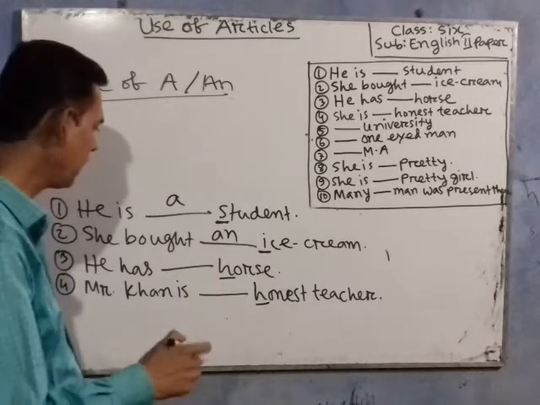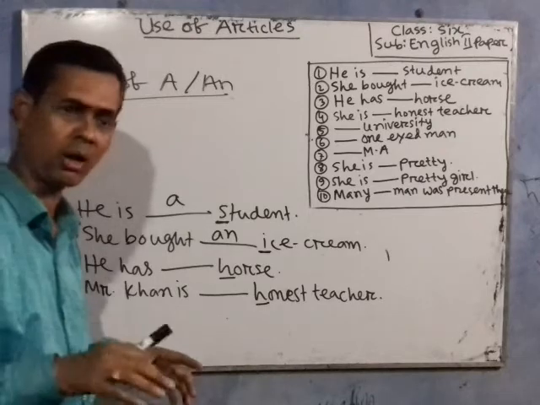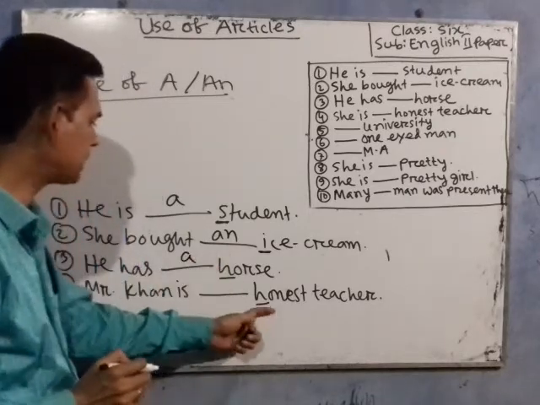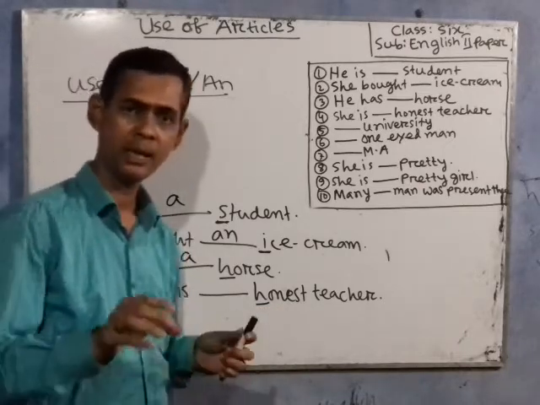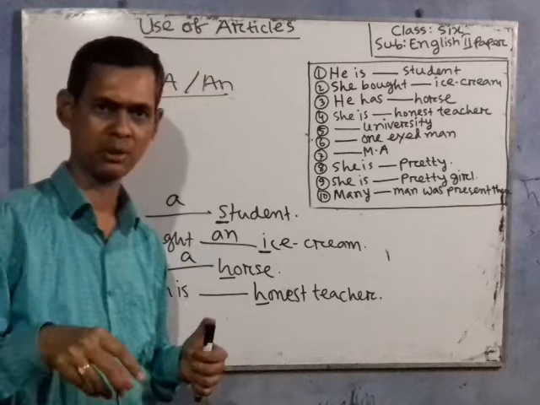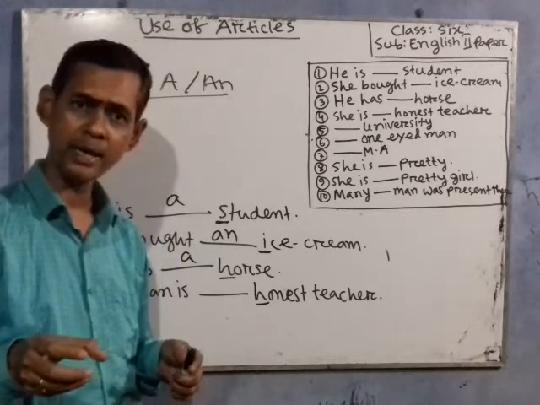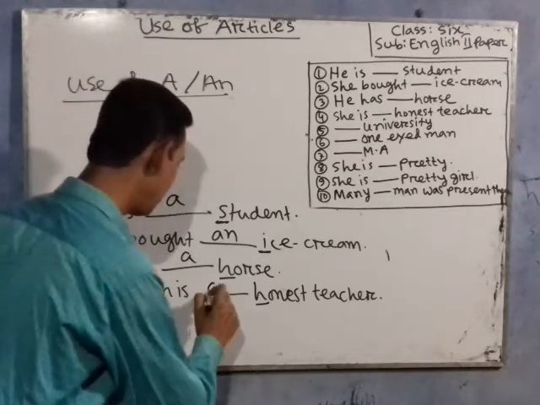That is why if H is pronounced like ha, here A will be used, and if H is not pronounced, that means it sounds like o, here An will be used.